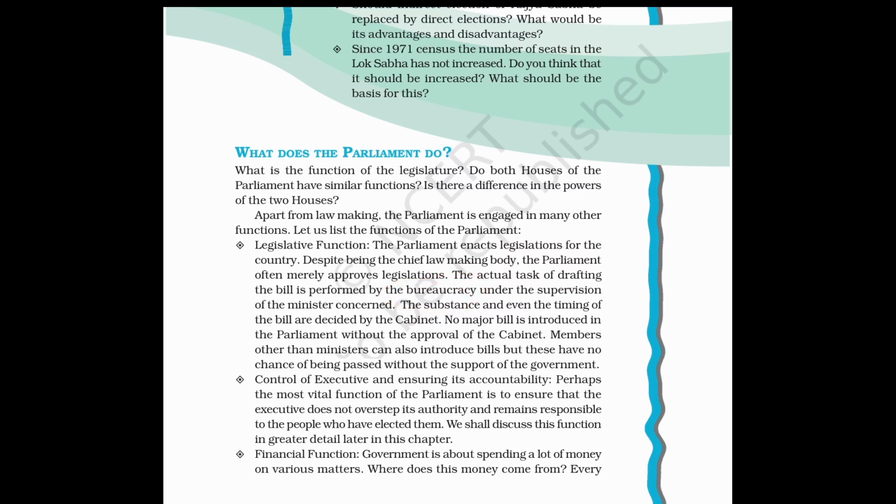The actual task of drafting a bill, what a bill is and all of that, we will see in the next section in some time. But the actual task of drafting the bill is done by the civil servants, the bureaucrats, under the supervision of the minister concerned. Whichever ministry the bill relates to, the civil servants will formulate the bill.